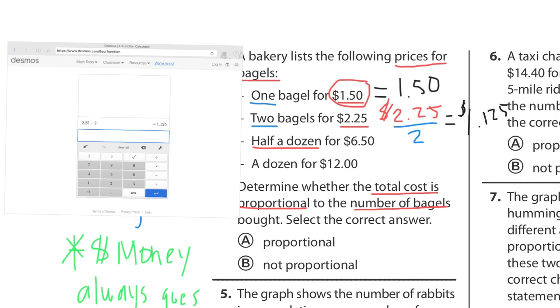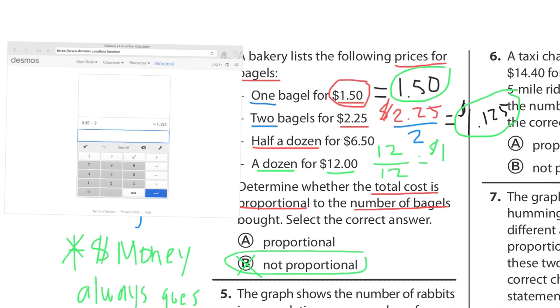Immediately, I notice that $1.50 and $1.25 are not equivalent, right? So that means that this one is not proportional. And if we use simple math to look at a dozen for $12, we know that 12 over 12 is 1. And $1 is not equivalent to any of these either. So it's definitely not proportional.